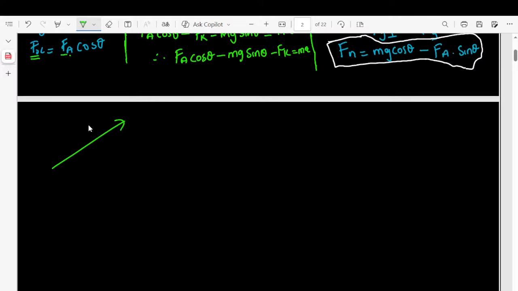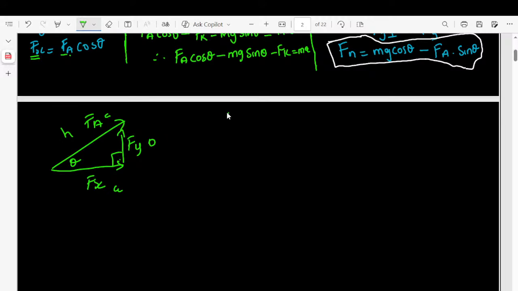If I have this F applied, and this force is applied at an angle, we're going to have an Fy going up. This is 90 degrees. Therefore, this is my Fx. So I have my opposite, my hypotenuse, and my adjacent. I am looking for Fy, and I have Fa.